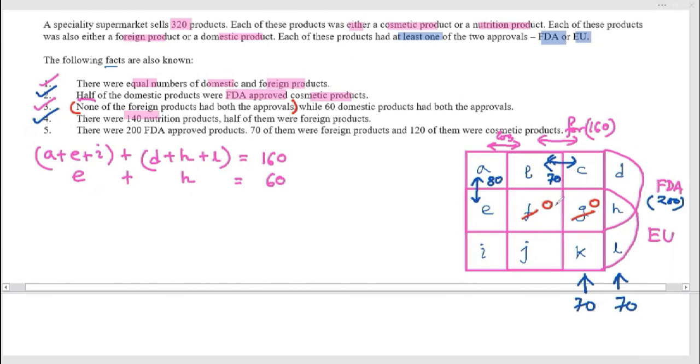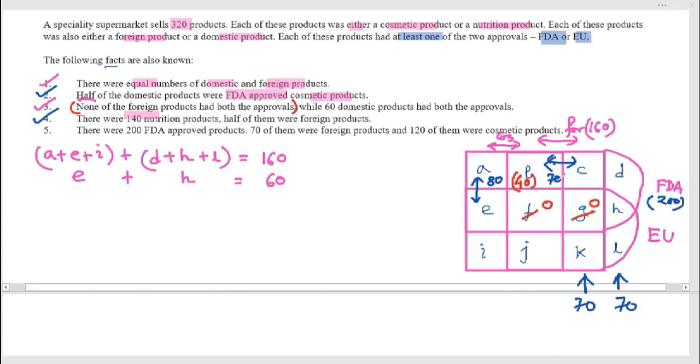Cosmetic products will be equal to this part, A, B, E, F. Now A plus E is 80, so only B is added up to make 120. Then the value of B would be nothing but 120 minus 80, which is 40. So this one is 40, I got it.